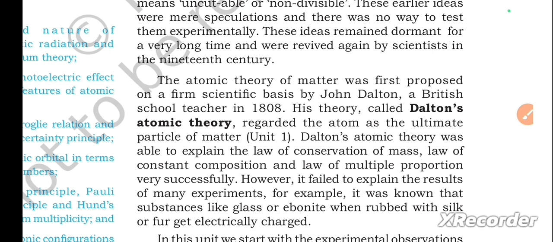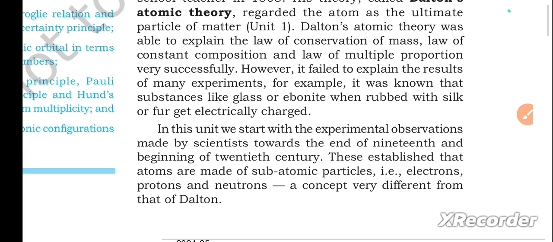Dalton's atomic theory was able to explain the law of conservation of mass, law of constant composition, and law of multiple proportion very successfully. However, it failed to explain the results of many experiments. For example, it was known that substances like glass or ebonite, when rubbed with silk or fur, get electrically charged.